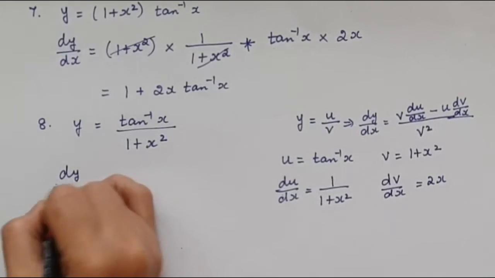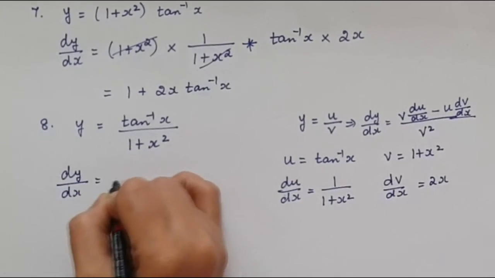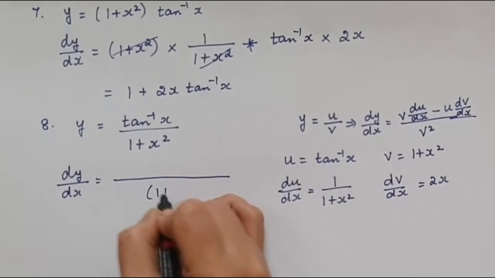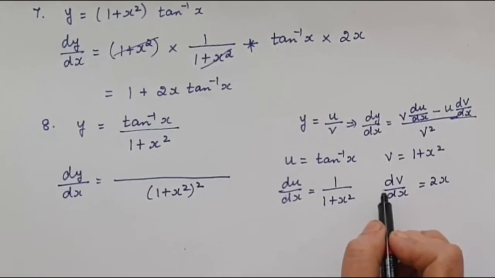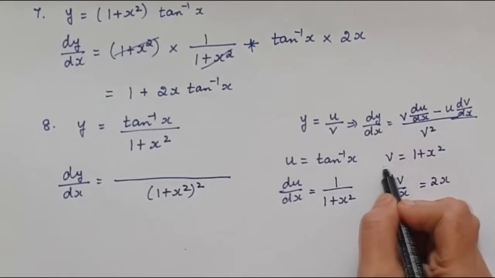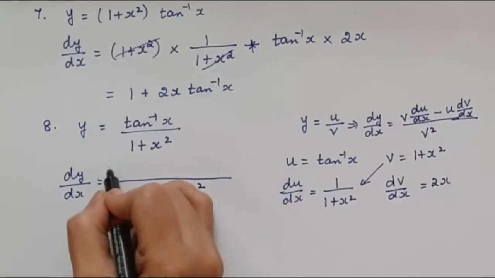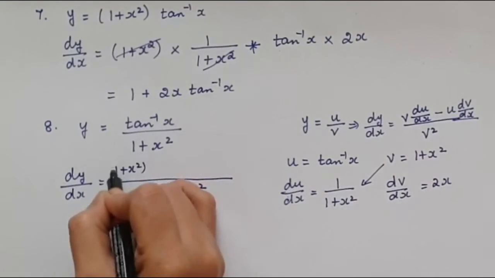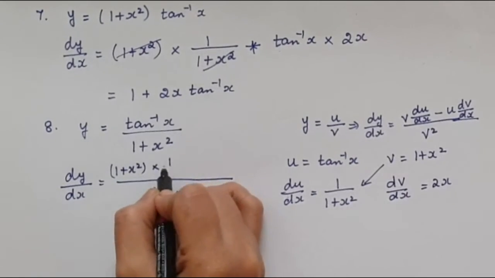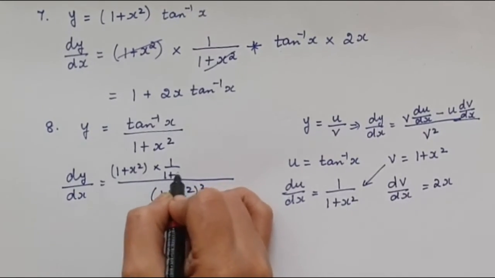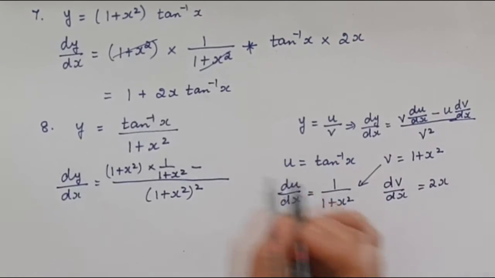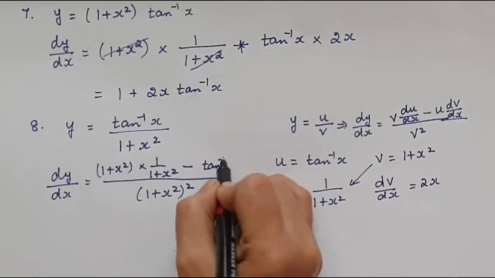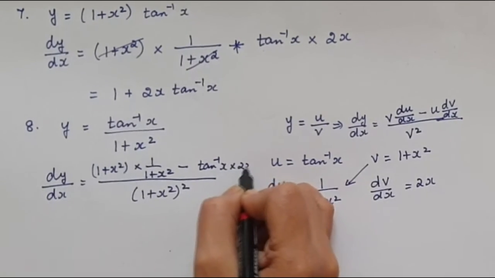So now our dy over dx will be equal to square the denominator, that is our first step, square it. Then write the denominator, that is v into du by dx. So this way first. So 1 plus x squared into 1 by 1 plus x squared minus, and then this way, tan inverse of x into 2x.